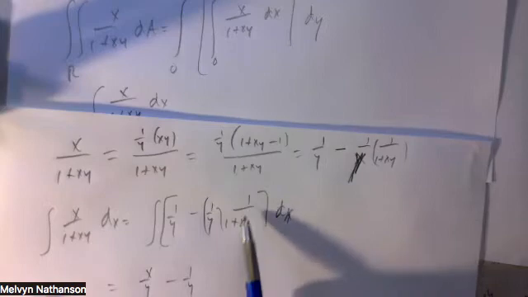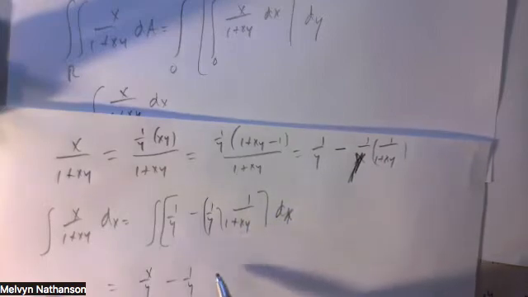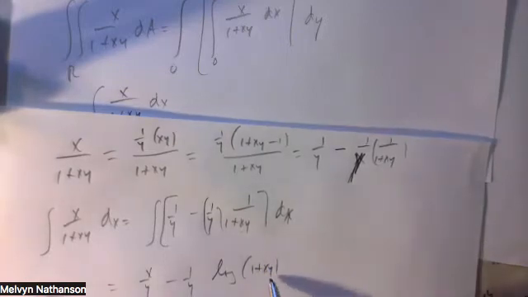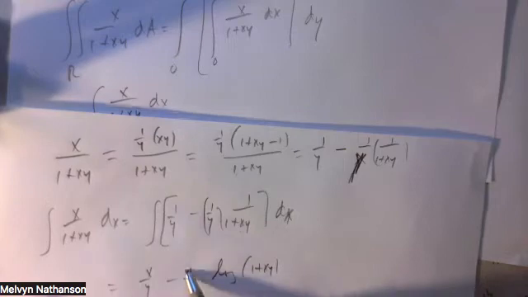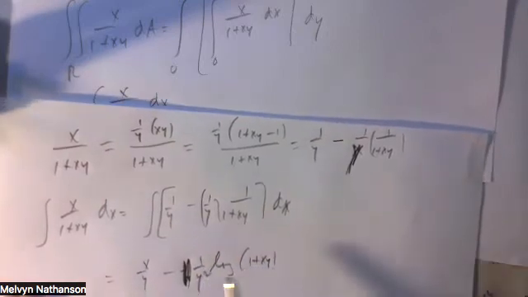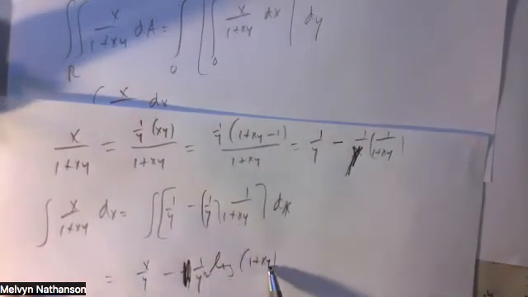And the integral of 1 over 1 plus xy with respect to x is the log of 1 plus xy over y, so minus the log of 1 plus xy. If I differentiate this with respect to x, I get 1 over y, and if I differentiate the second term with respect to x, I get 1 over 1 plus xy times y.